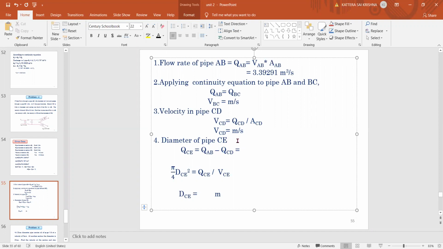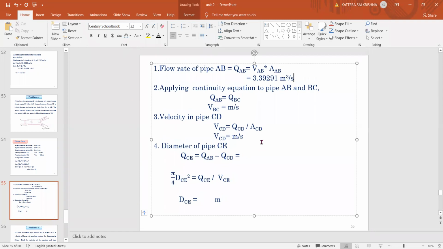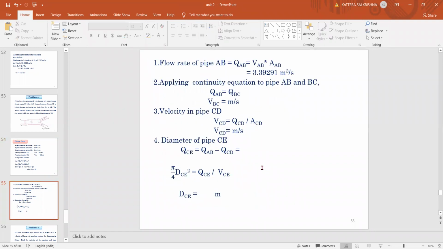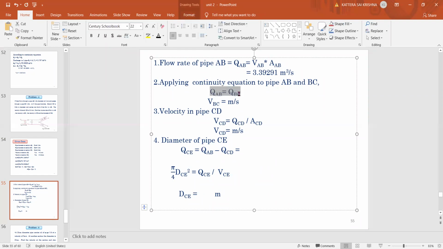Right. So next, what he asked us to find, second point, he asked us to find the velocity in the pipe BC. So now you apply the continuity equation for the first two sections of the pipe, nothing but at pipe AB and at pipe BC. As per the continuity equation, discharge in AB is equal to discharge in BC. So QAB is equal to QBC.